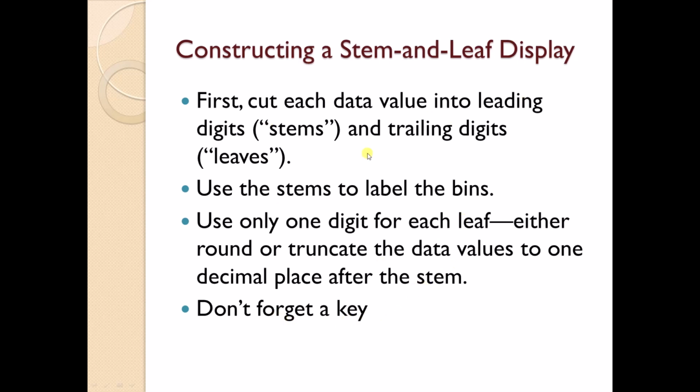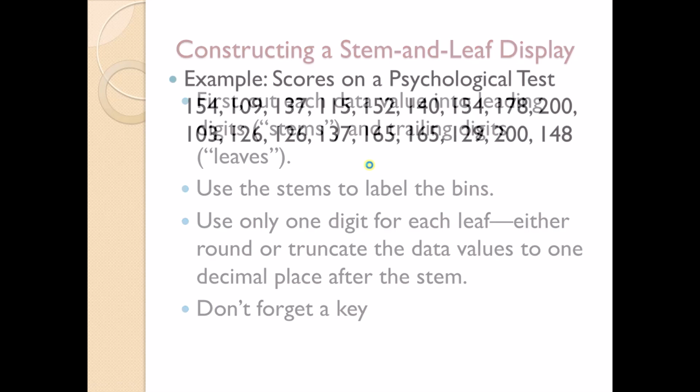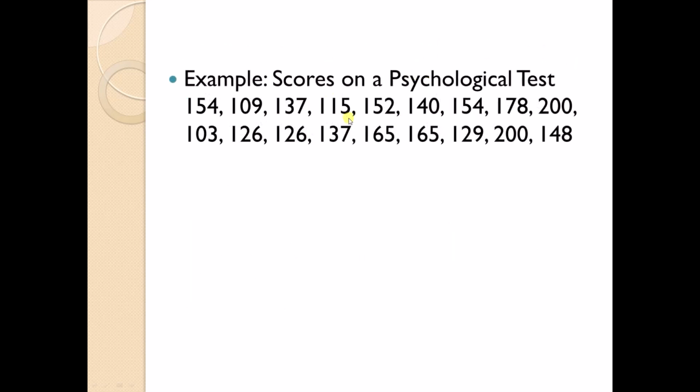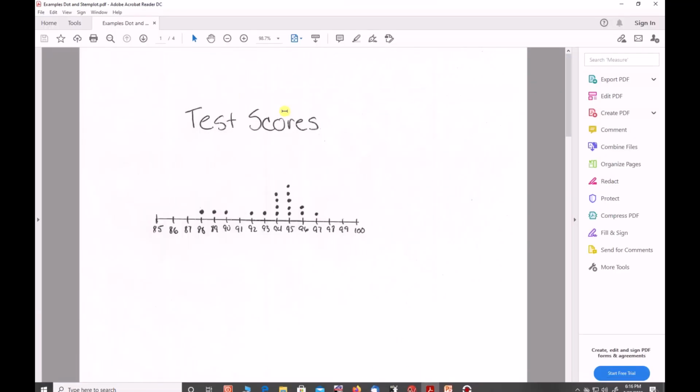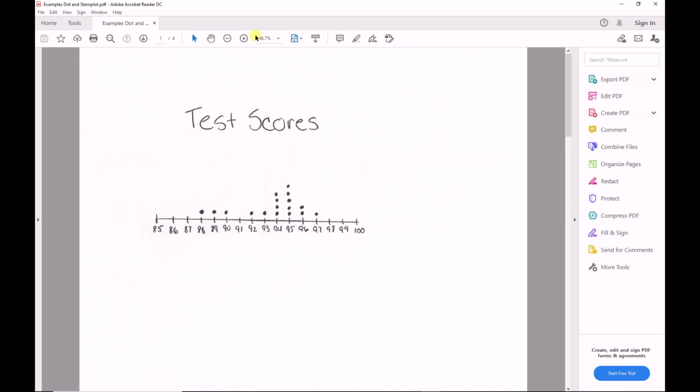All of this doesn't really make much sense until you see one. All right, so here are scores on a psychological test. You can put them in your calculator and sort them to make it a little easier to handle. But we'll go back and look at what it should look like. So let's go down to the next screen.